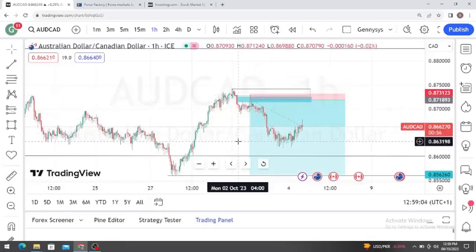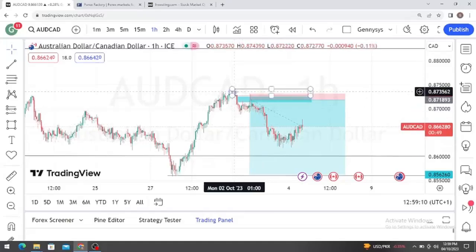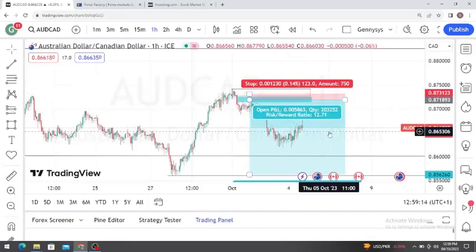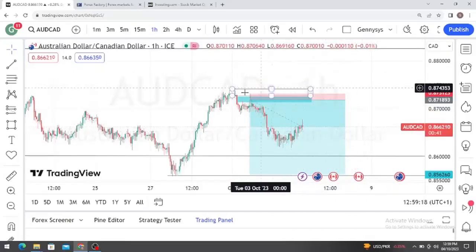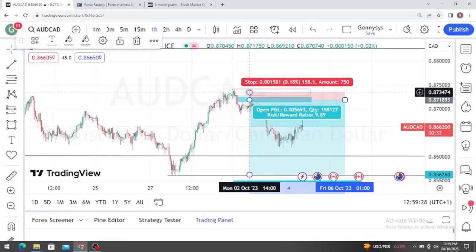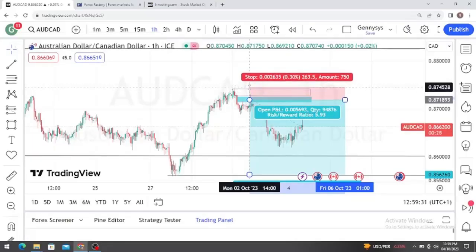I'll split it into 2, $5 on the first opportunity, $5 on the second. Both of them would have gotten taken, right? Beautiful trade. Normally we would like to give our trades breathing room because of spread, but I could just take it all the way up there to be on the safe side.